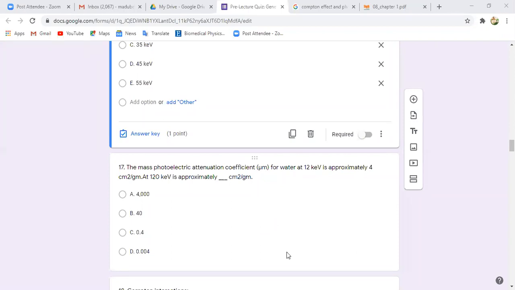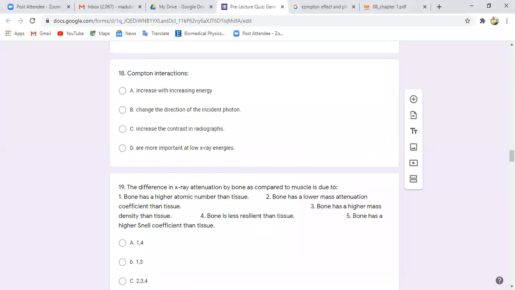For the next question: Compton interaction does what? Increases with increasing energy? Which is the best option here?